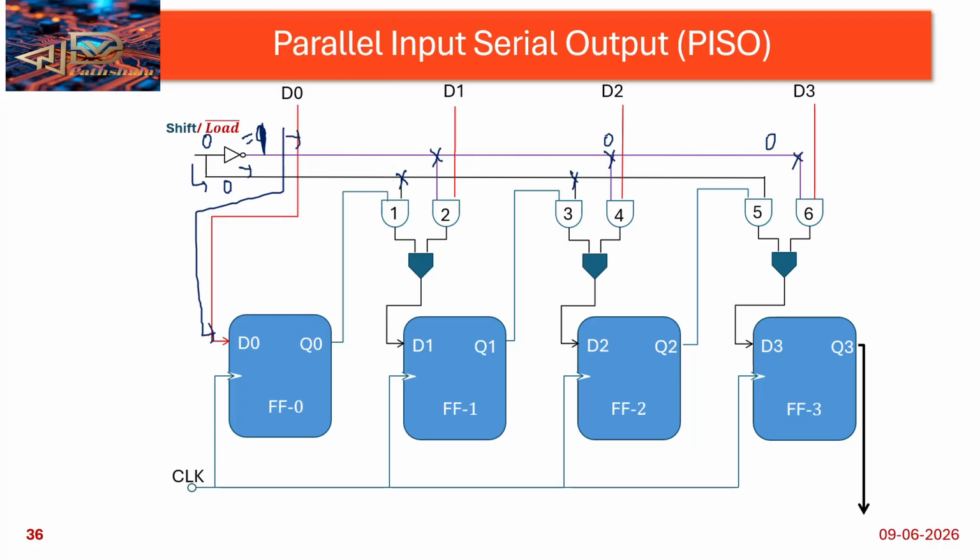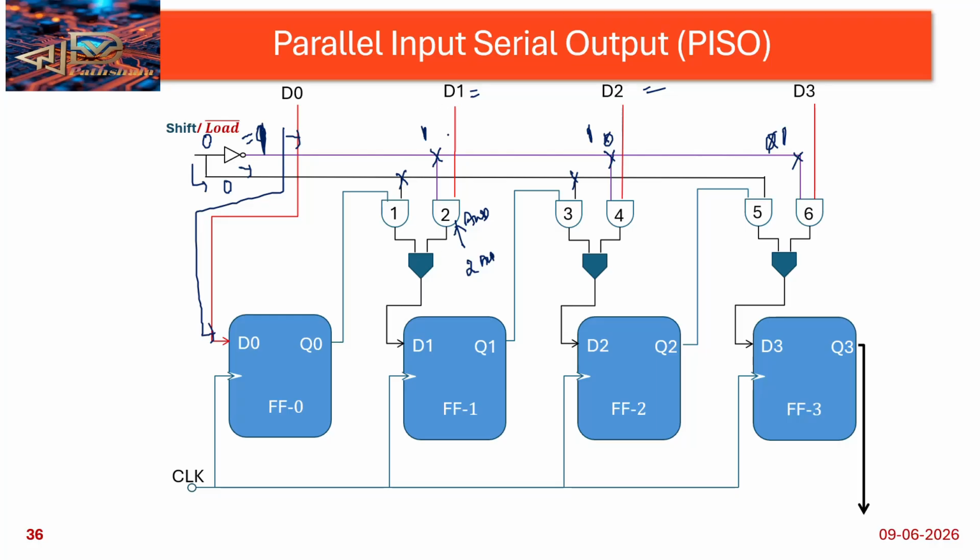This is 1. Okay, we are giving 1 here, this is 1, and this is also 1. Whenever you are giving the data D1 and D0, D2, D3, that is connected to the second AND gate. Okay, this is the second AND gate.